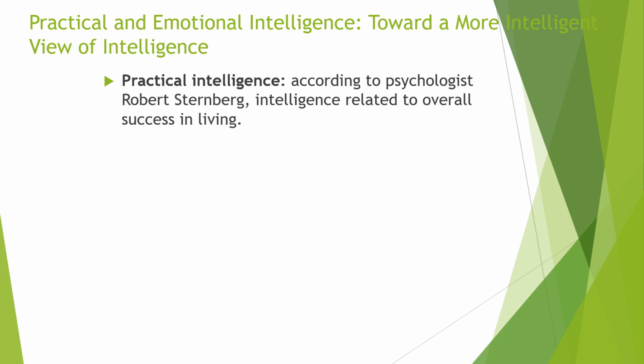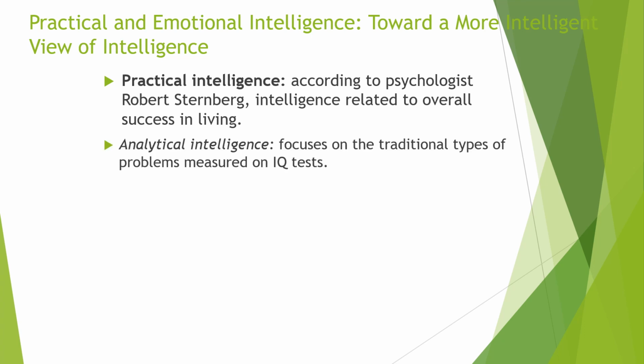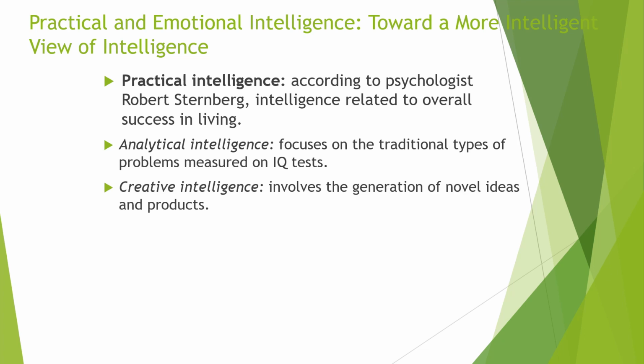And this could be with 2 different types of intelligence. One is analytical intelligence, and this focuses on the traditional types of problems that are measured in IQ tests. There's also creative intelligence. This involves the generation of novel ideas and products.